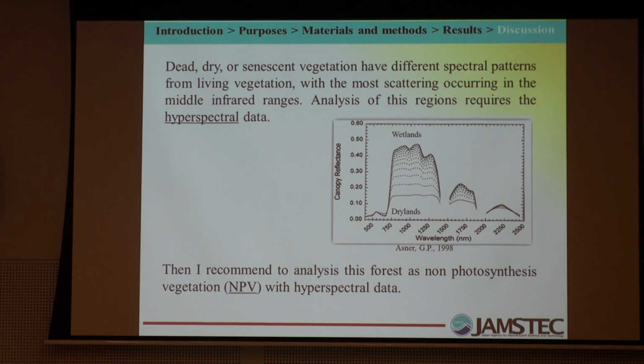Dry and senescent vegetation have a different spectral pattern from living vegetation, with the most scattering occurring in the middle infrared range. Analysis of this region calls for the use of high spectral data. Finally, I recommend analyzing this forest as non-photosynthetic vegetation with high spectral data.